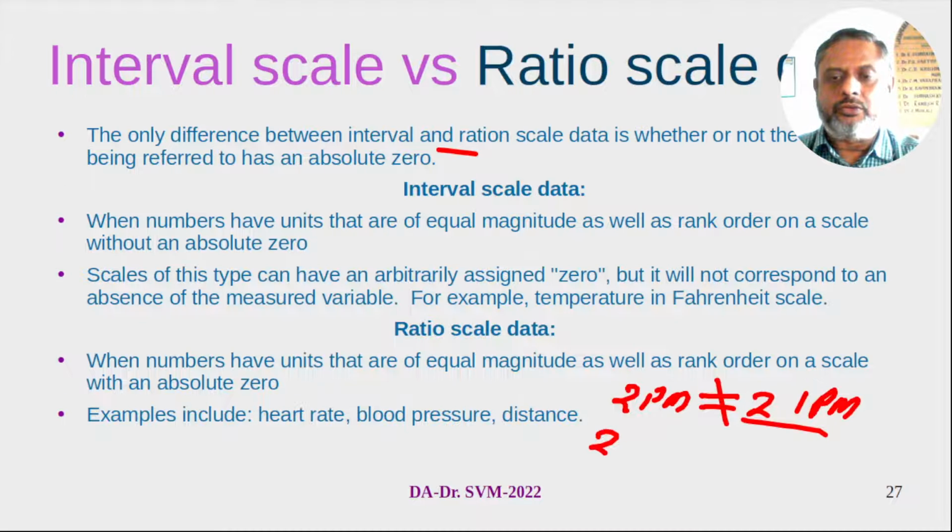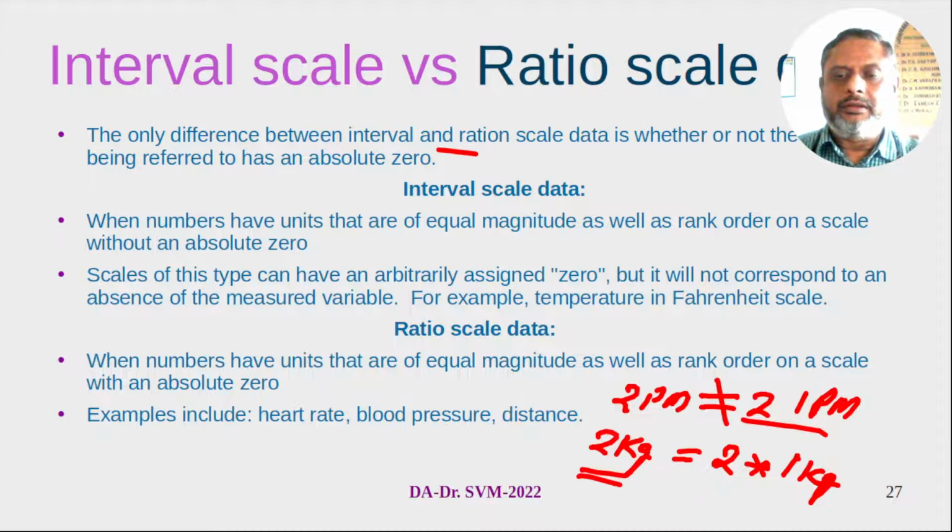But yes, 2 kg is of course 2 times 1 kg. So this has a meaning. So 0 kg has a meaning, but 0 in the interval scale has no meaning. So that's a difference we can talk of.